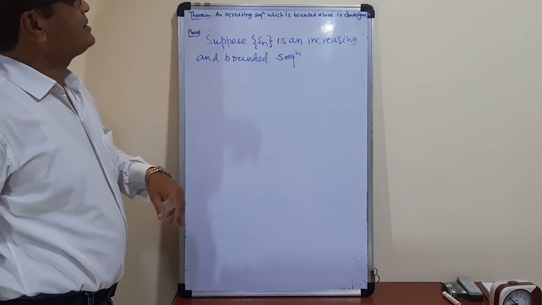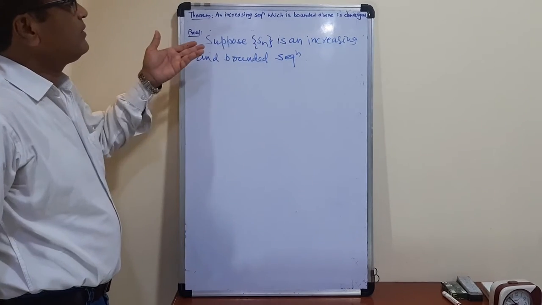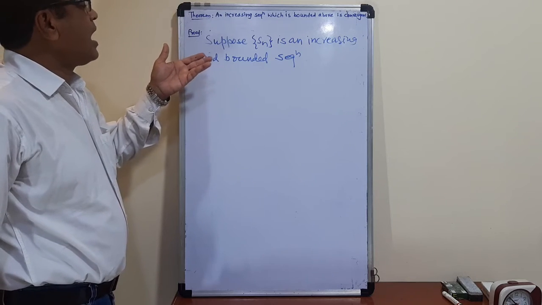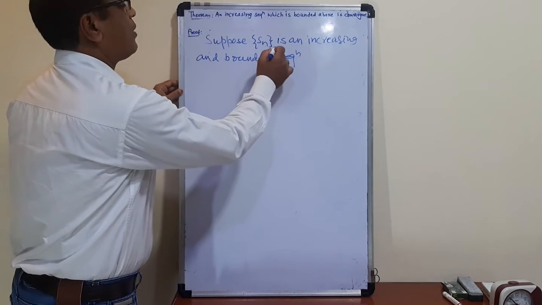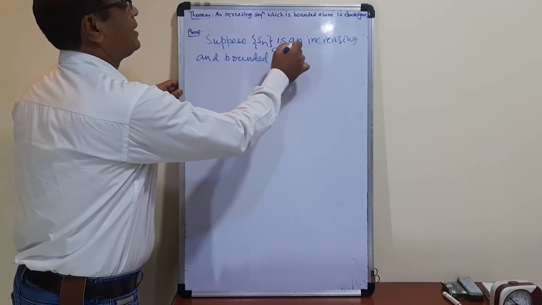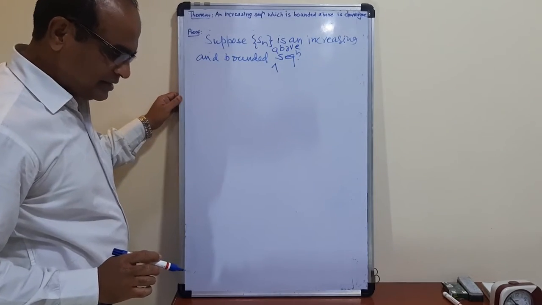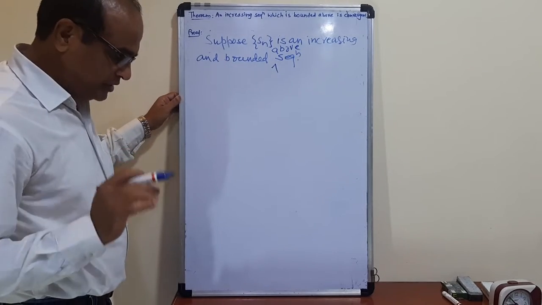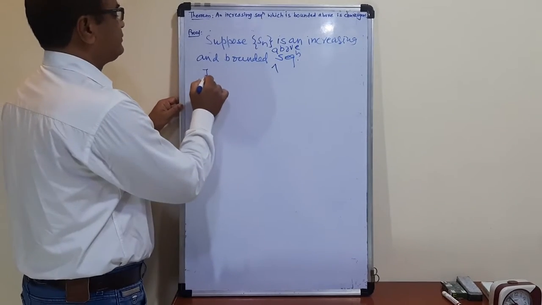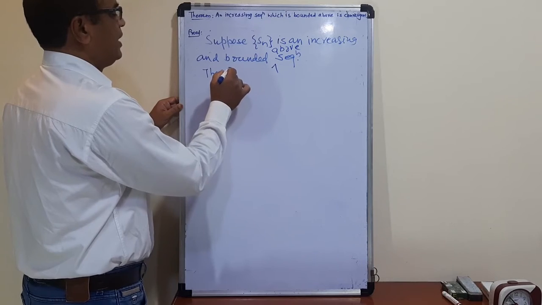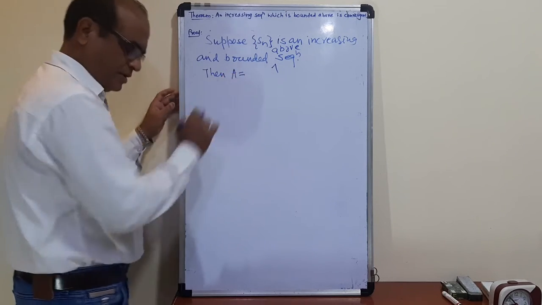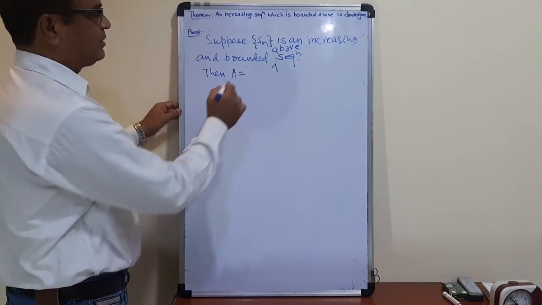that sequence is convergent. If the sequence is increasing and bounded above, then we shall prove that the sequence is convergent. Then A is equal to, we take a set.